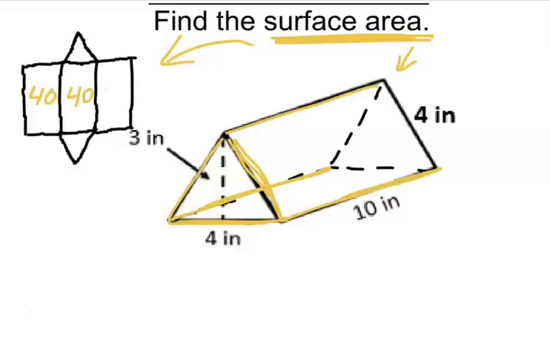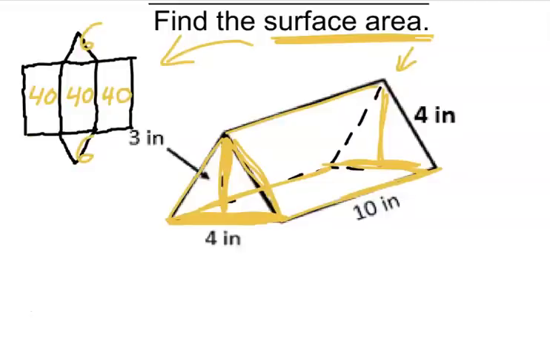So now we just have to find out what is the area of the triangle. Well, the triangle has a base of 4 and a height of 3. The same thing with over here. So 4 times 3 is 12. Half of 12, because it's a triangle, is 6. So this becomes a 6 and a 6. So basically we know that 40 times 3 is going to be 120.